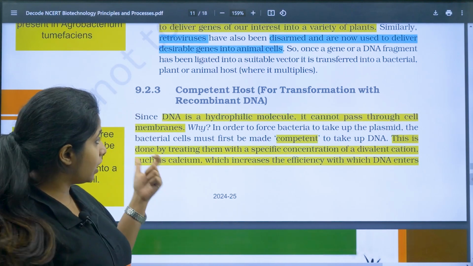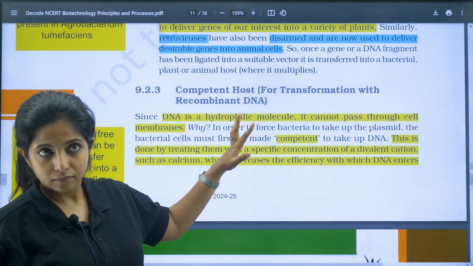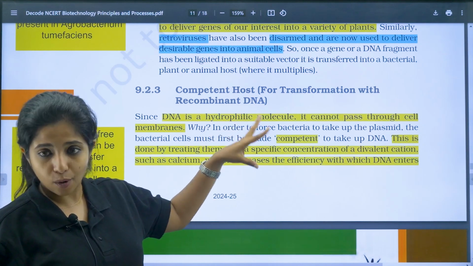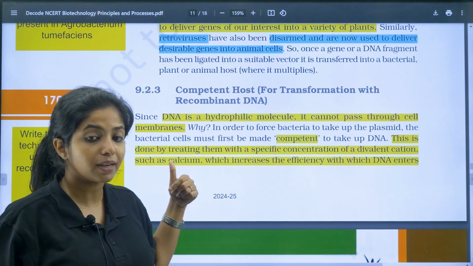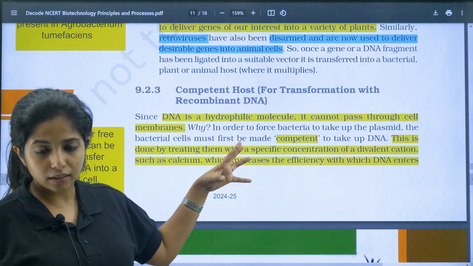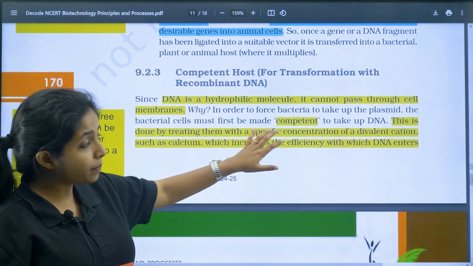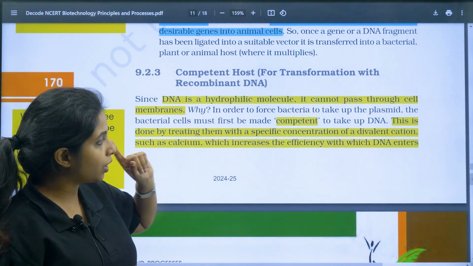First thing, understand that DNA is hydrophilic, it loves water, but it cannot pass through the cell membrane, because the cell membrane is hydrophobic in nature, at least the head region is. That is why obviously the DNA cannot move through. Now, to make the cells competent, you can do three things.